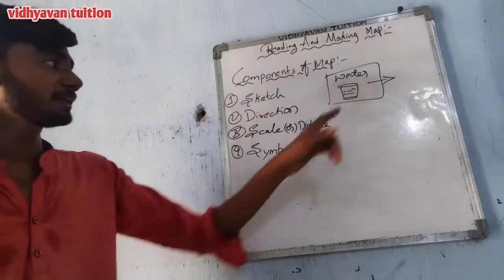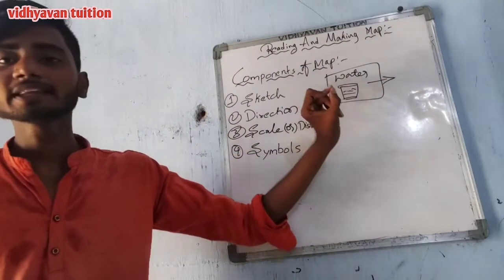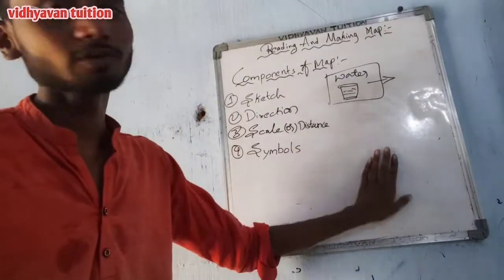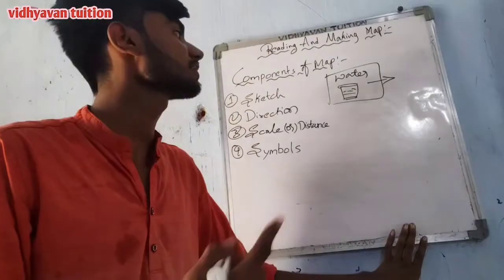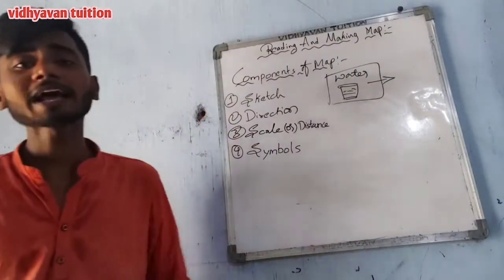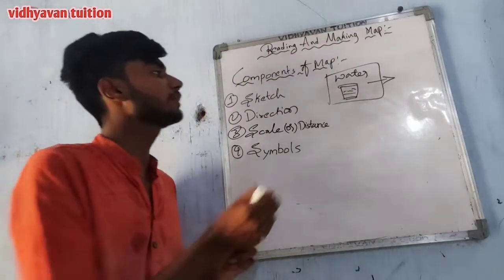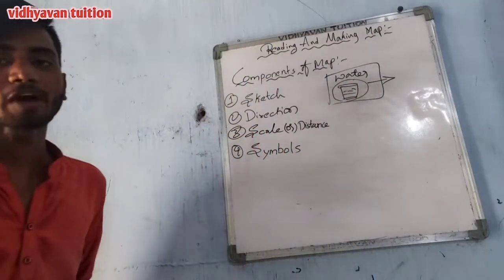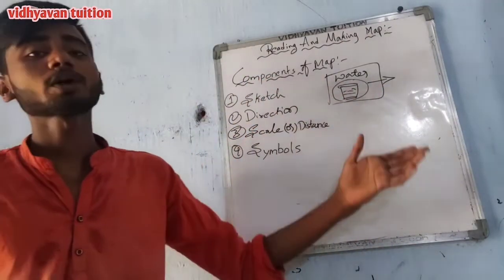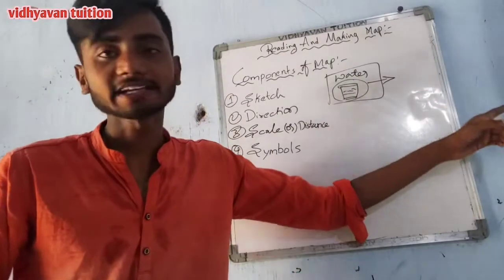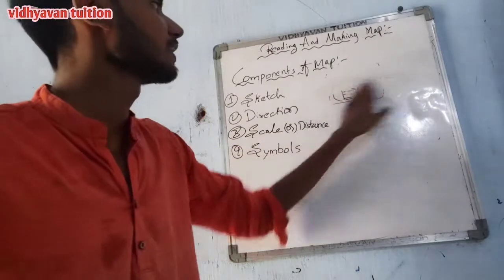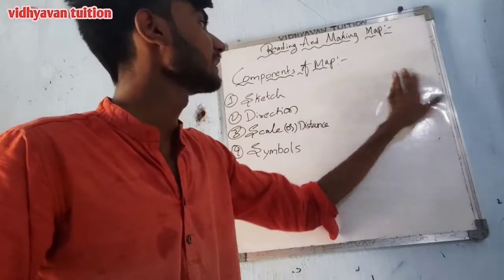If you know how to read the word water, it is easy for you. But if there are illiterate people who have not studied, how will they identify it? By using the water glass symbol, they will identify that the water is on that side, so they move in that direction.